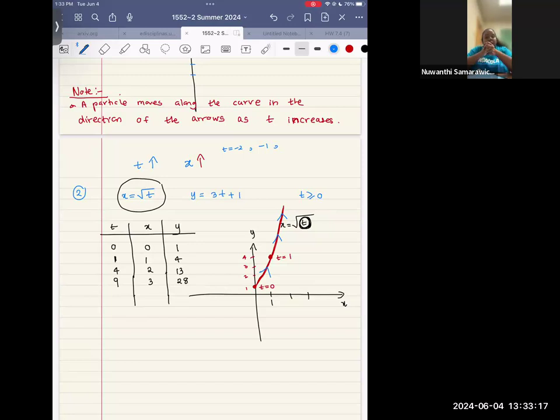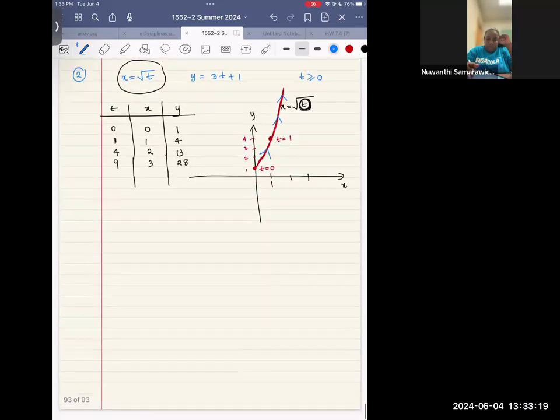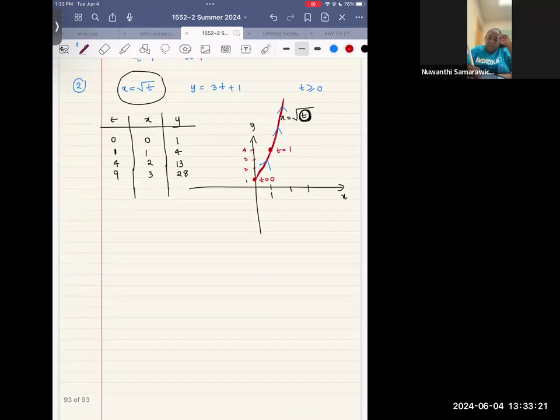So here, what we did is, when the parametric equations are given, we draw the table, and according to that, we draw the graph. In some questions, they will ask you to eliminate the parameter and then draw the graph.